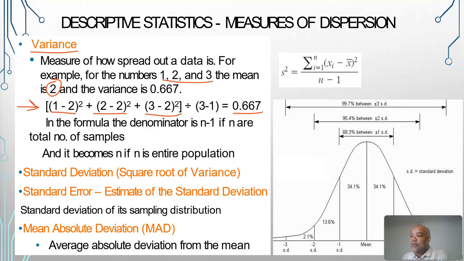Standard deviation is the next one we're going to look at, and it's the square root of the variance. It's useful for understanding how data points cluster around the mean.